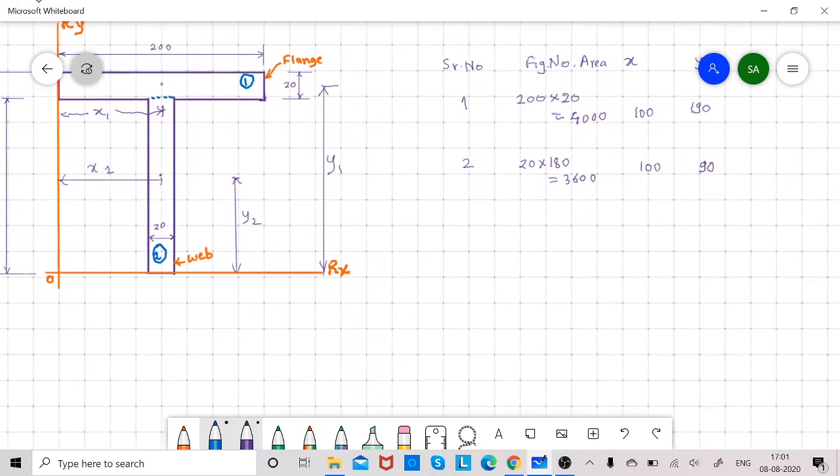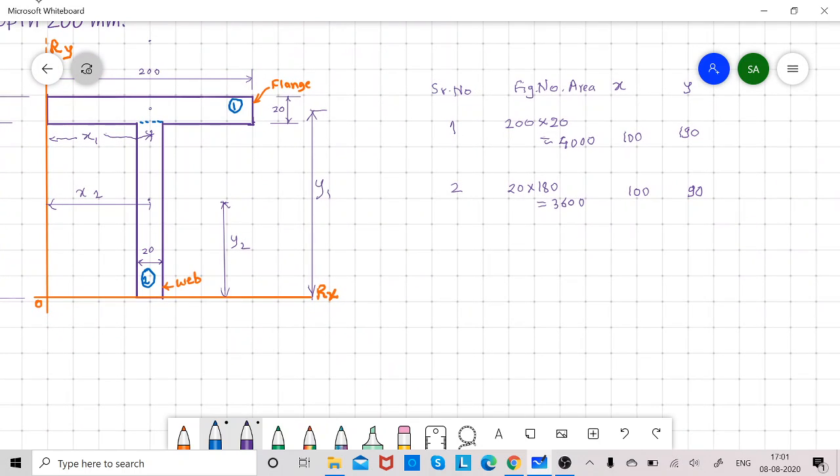Now let us use the simple formula. X bar is equal to a1 x1 plus a2 x2 upon a1 plus a2.